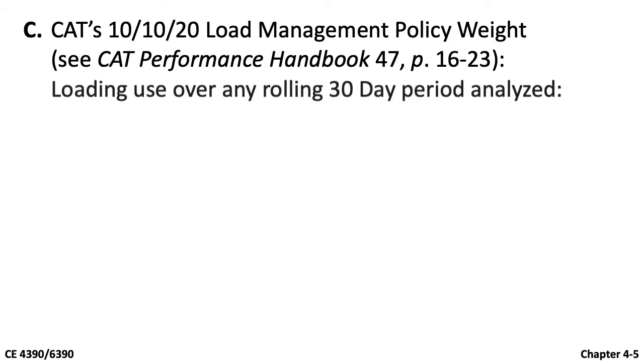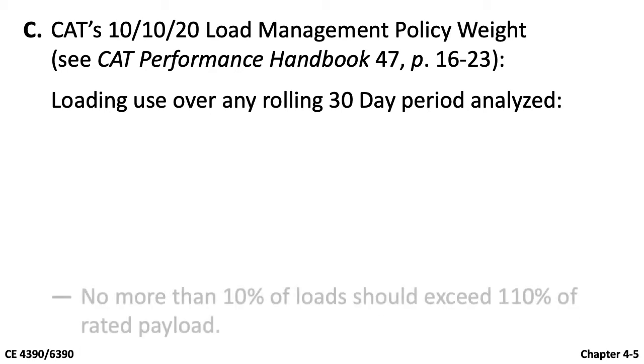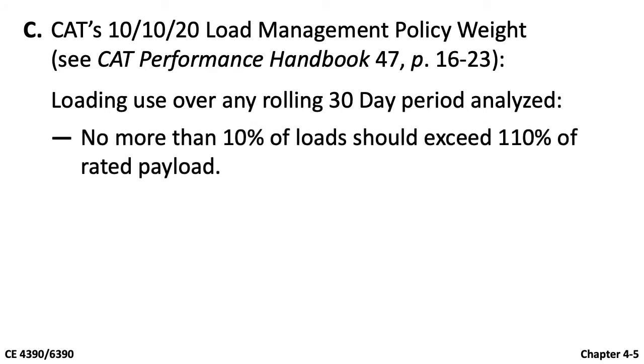Here I list some typical requirements within any 30 day period in which the truck is used. No more than 10% of loads should exceed 110% of the rated payload. It means sometimes you can overload the equipment, but it shouldn't be too often.